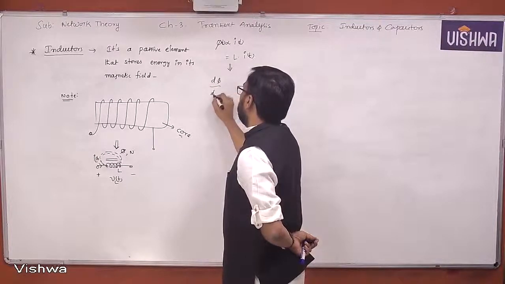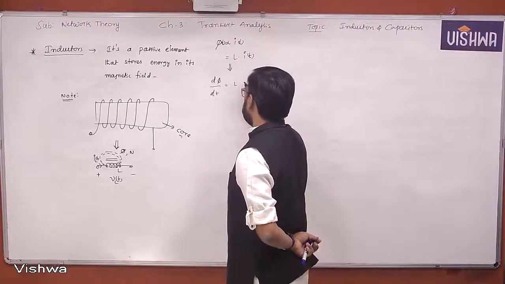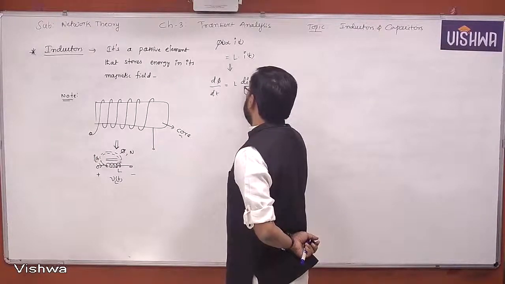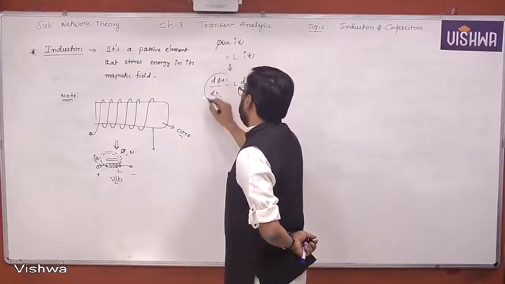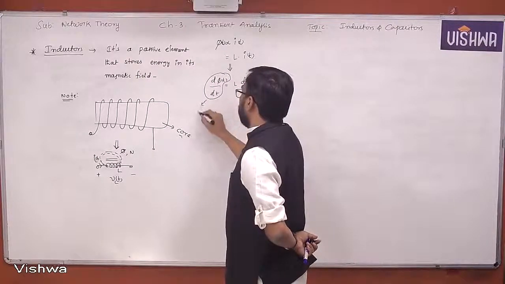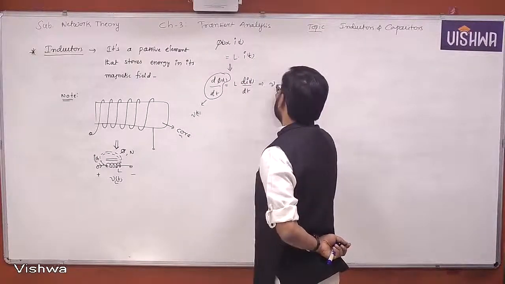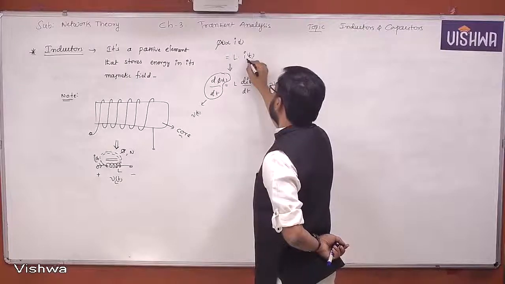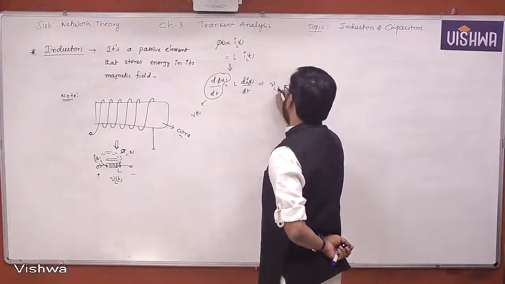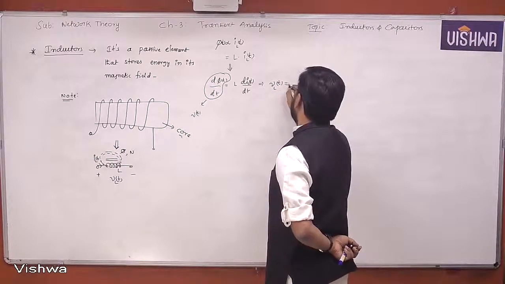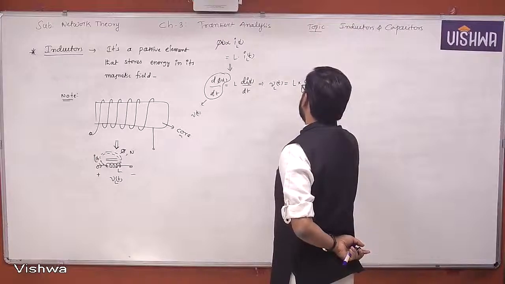The time rate of change of flux is always called EMF, or voltage. Therefore, the voltage across the inductor, with current IL of t, is VL of t equals L into dIL of t by dt.